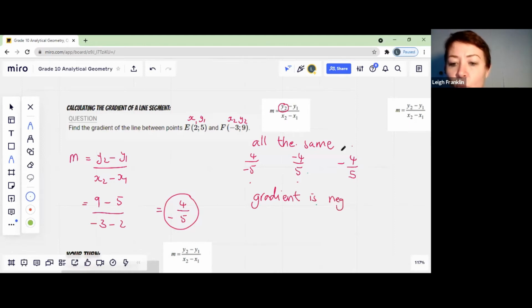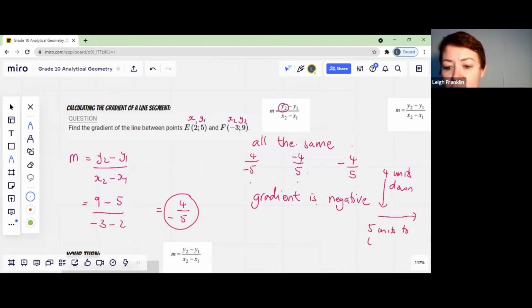So essentially what is happening here is that for every 4 units that we walk down, we are also walking 5 units to the right. That's what it means.